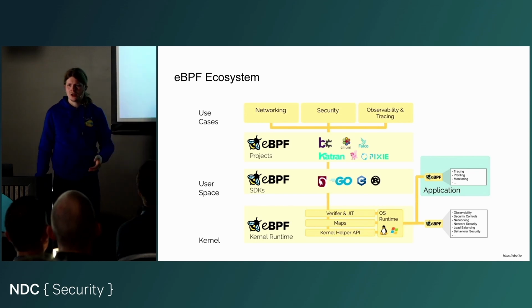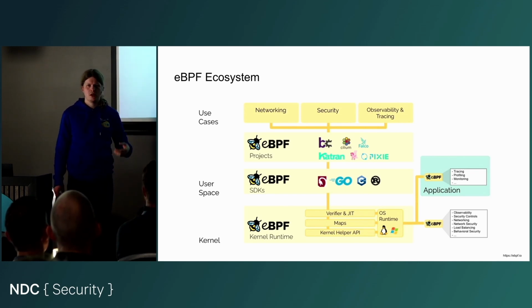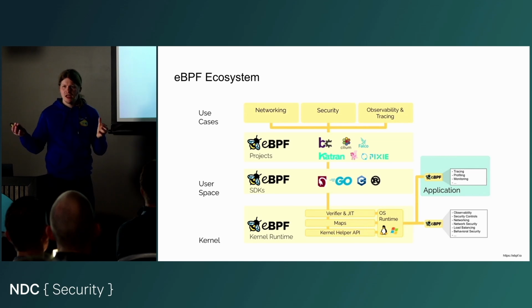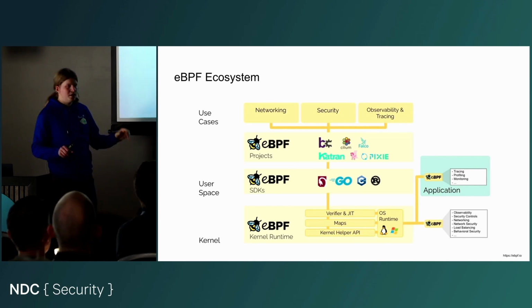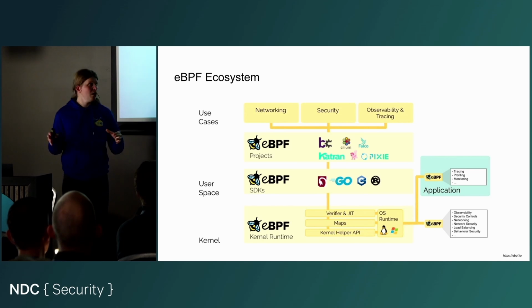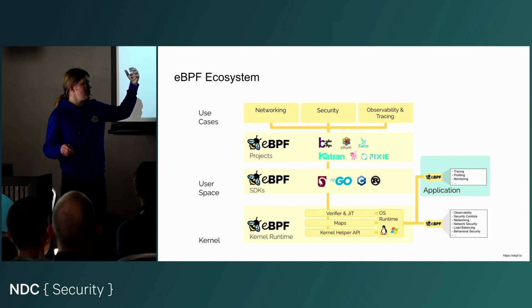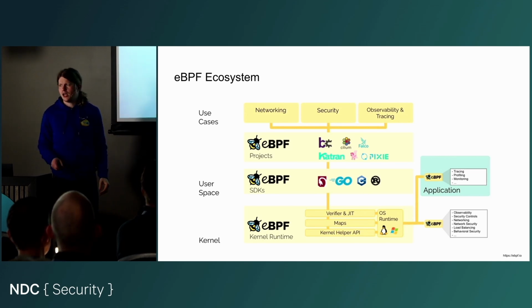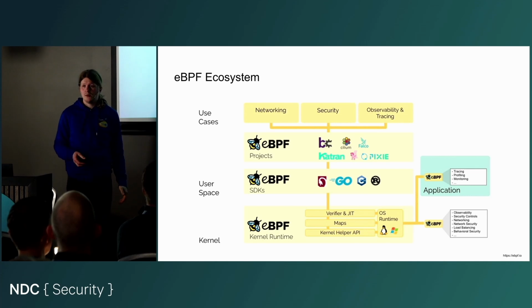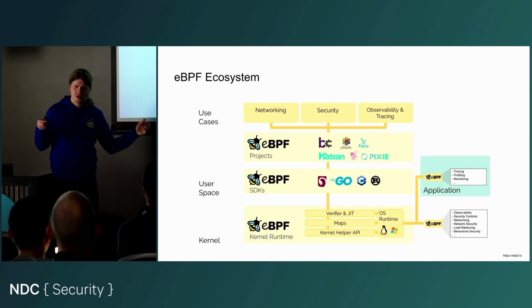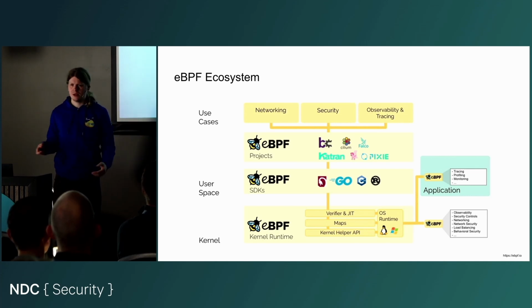And I think in the security space, Go is pretty big, so there are also SDKs with which you can write eBPF programs in Go. And then above are programs that are really helpful, for example, Cilium, Pixie, a tool called Falco, and many other tools which you can use to do, for example, load balancing and also security applications.